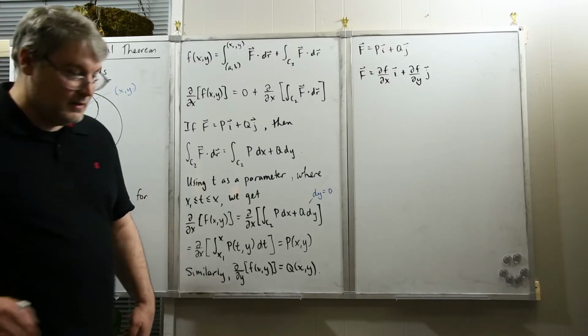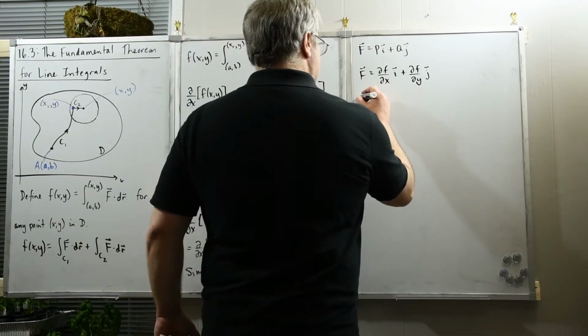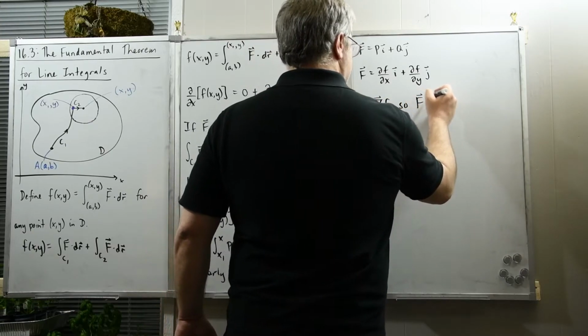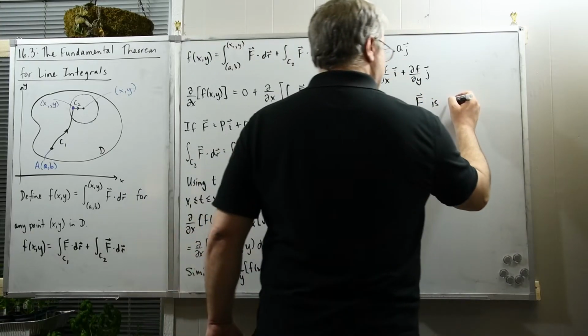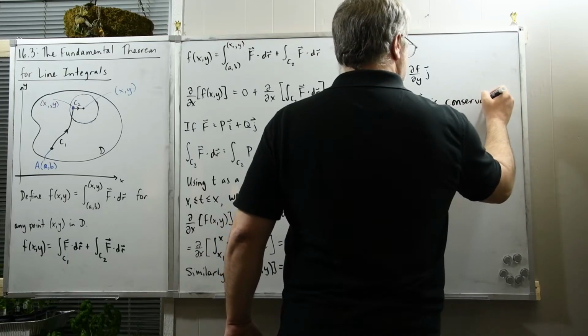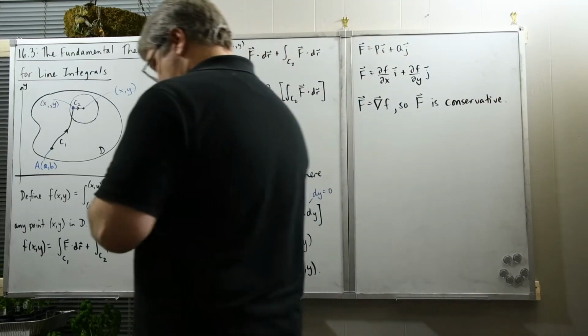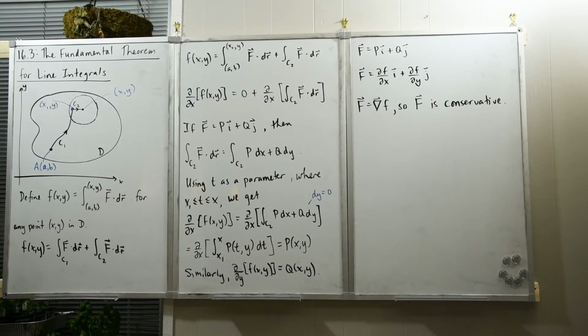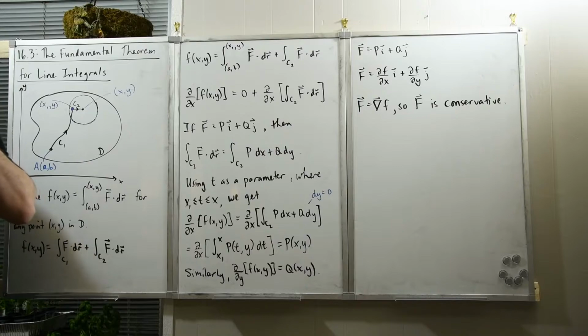So big F is the gradient of little f, which means that big F is a conservative vector field. All right, so at this point we're going to have a theorem, two more definitions, another theorem, and then finally we'll be able to get into some examples.